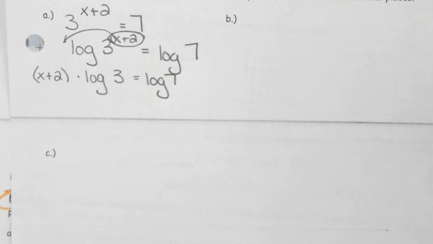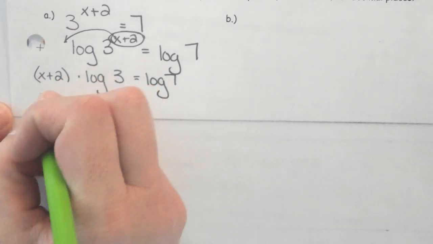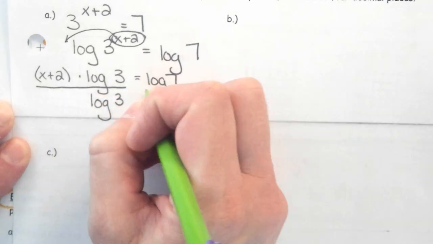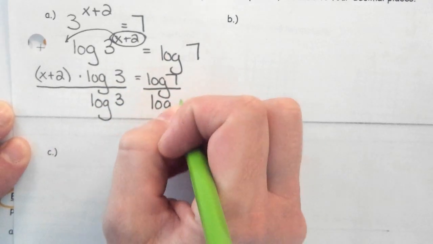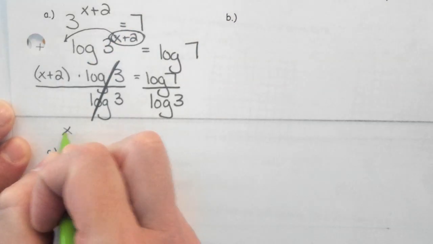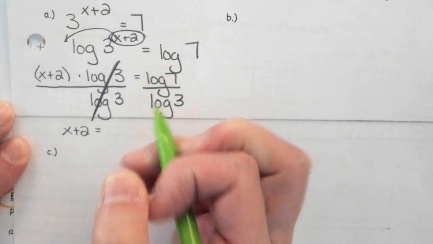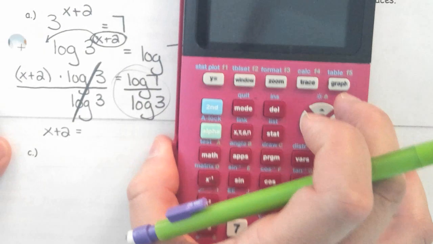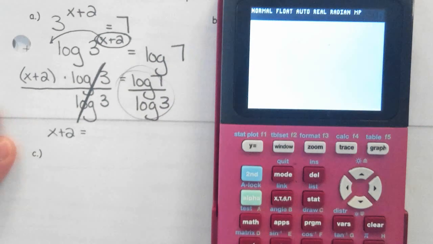Alright, so now we're trying to get x alone. We're trying to solve for it. So the first thing I'm going to do is divide away this log to the base 10 of 3. So this cancels. I'm left with x plus 2 equals, and I've got to figure out what this mess is. And that's why my calculator is helpful.